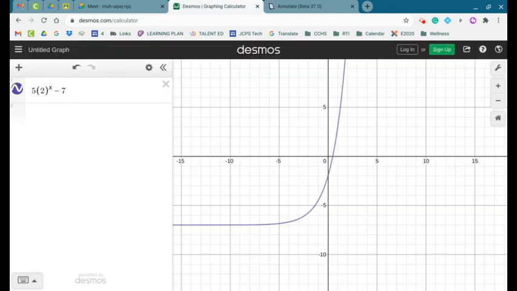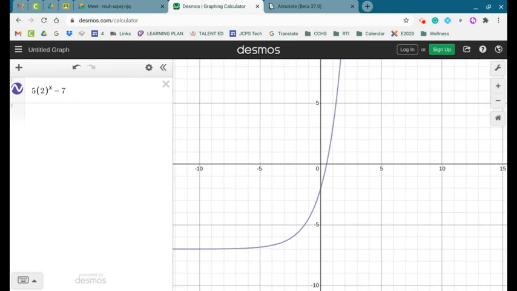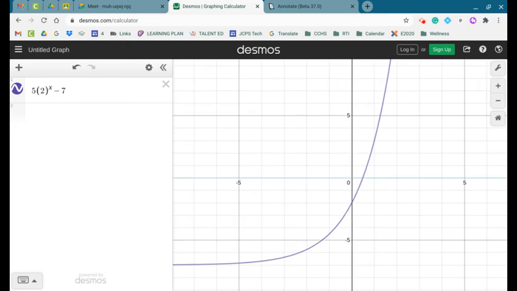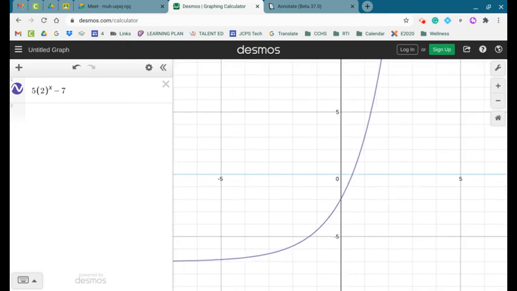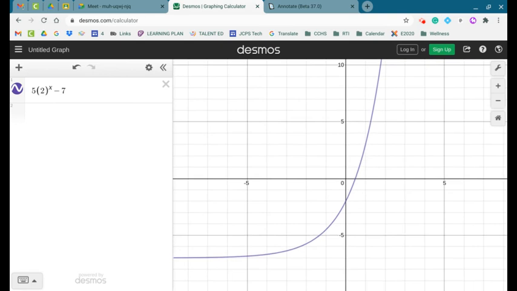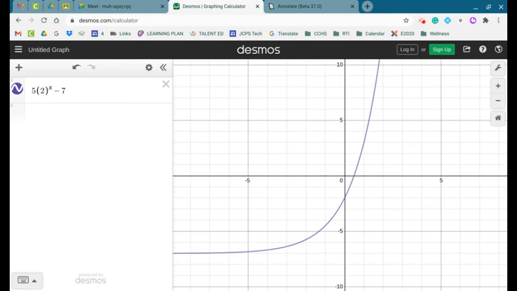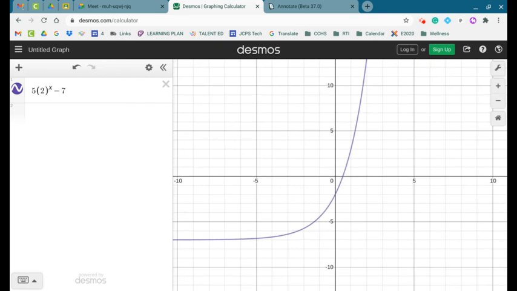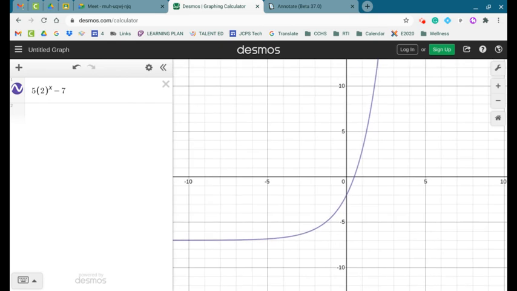So if we look just with those dimensions, okay, there we go. So there I have my dimensions of 10, negative 10, 10, and 10.